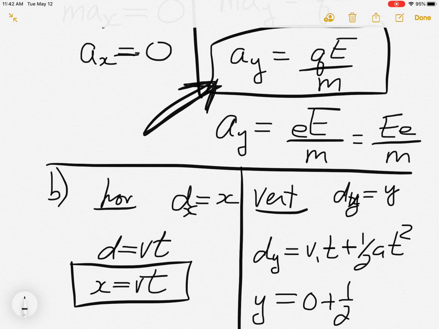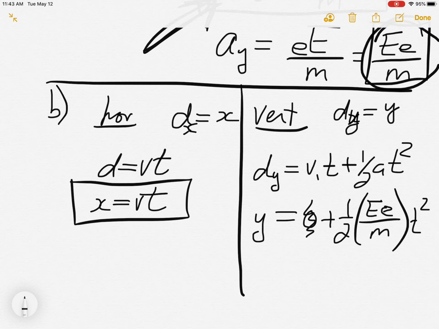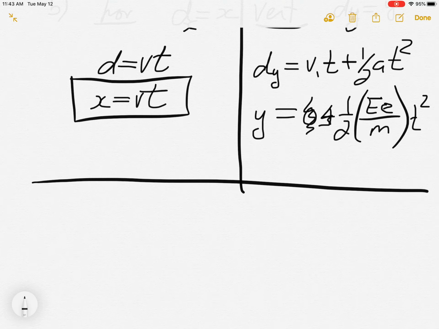It's 0 because the particle is not moving up or down initially. So we get a 0, and then we substitute the AY from up here, QE over M, or if we substitute this, which is the same thing, EE over M, then you see how we have the same thing that they have on the paper. This doesn't need to be put in here because it's 0. So there's how part B works.